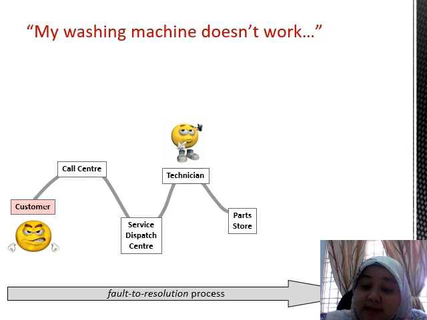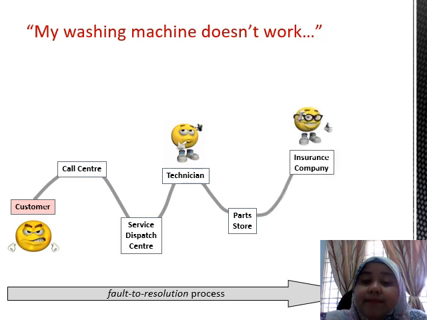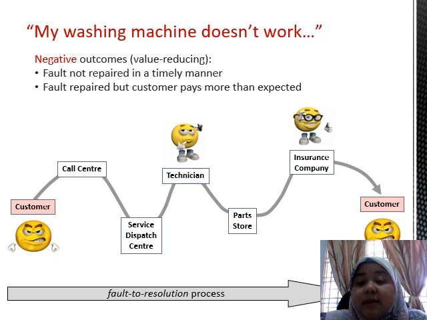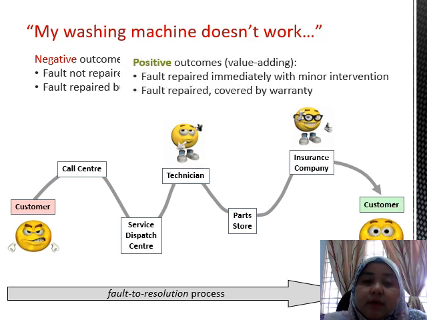Technician is an actor. And then tengok apa yang parts yang perlu diganti. Atau jika tak boleh diganti, dia refer dan tengok kepada whether parts itu ada insurans ke tidak. And then tengok sama ada customer tu happy or not happy, dengan servis tersebut. Okay, so kalau negative outcome, fault not repaired.